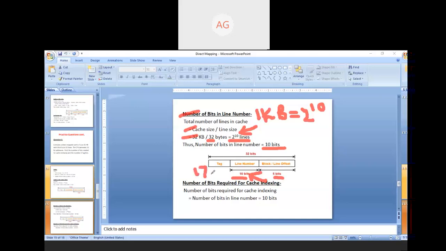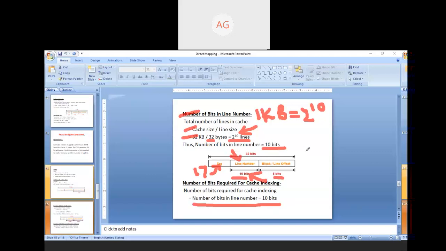Now we need to find how many bits are required for cache indexing. Cache deals only with the line number, and 10 bits are required for the line number. So here we have 10 bits. Just remember this diagram.